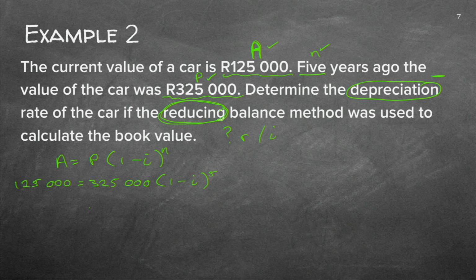So what do we do? We first get rid of the further stuff. I just want to show you quickly, 325,000. Because it's all thousands, you can just cancel those 3 noughts on the top and the bottom just to make it easier. I'm left here with 1 minus I to the power of 5.